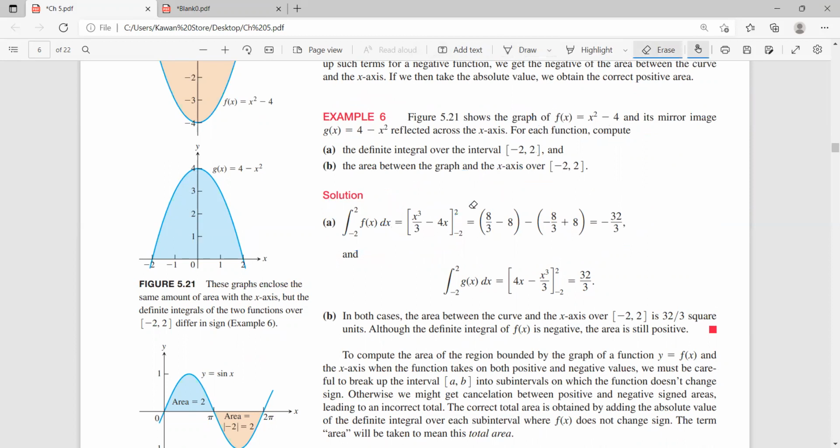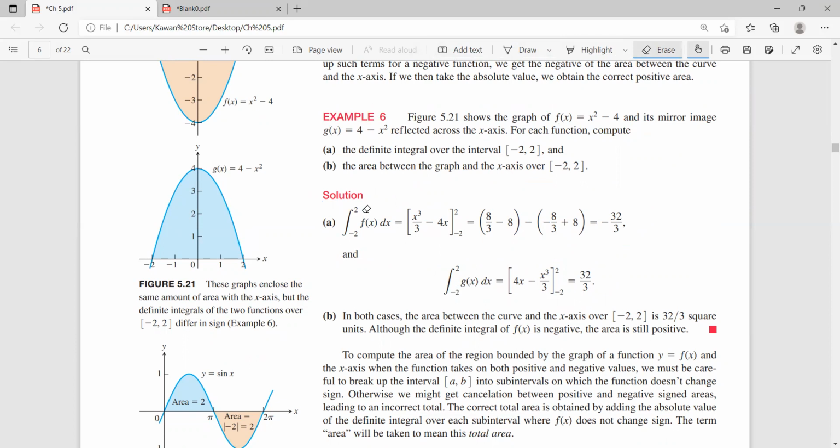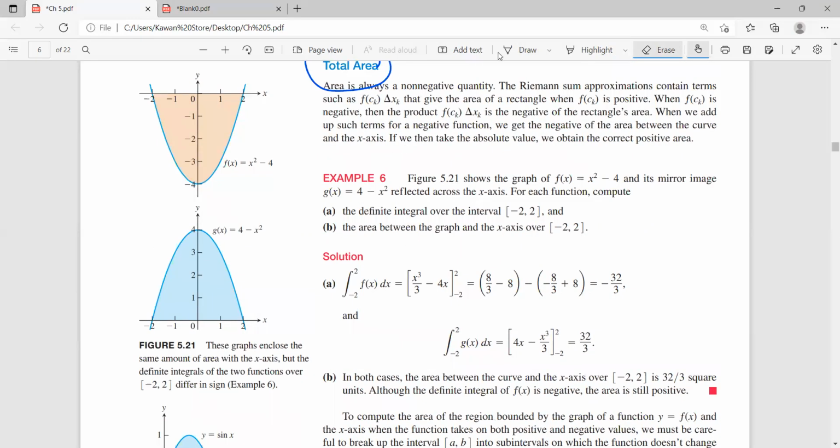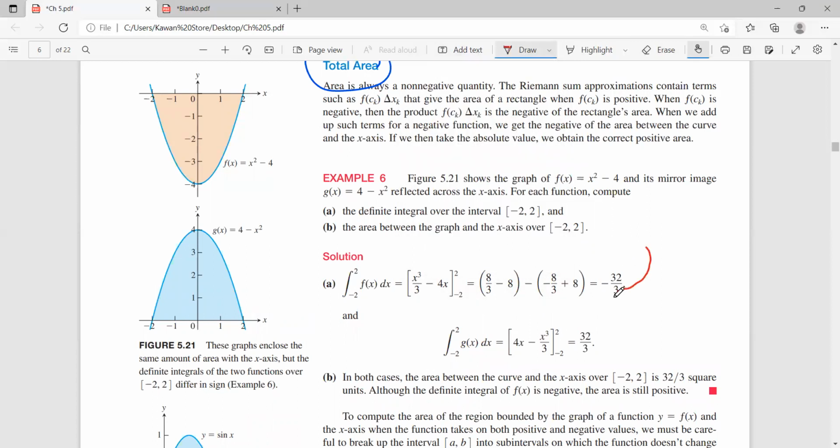Look at here. Here we are, we have f of x. So at the beginning, we tried to find the f of x, and the second is g of x. You can see here's the g of x. What's the difference between them? Even though they look like the same function and the same area, what's the difference? Can you imagine? Can you tell me? Here we have what? Negative value. How about here? Positive value. What do you mean by negative and positive?